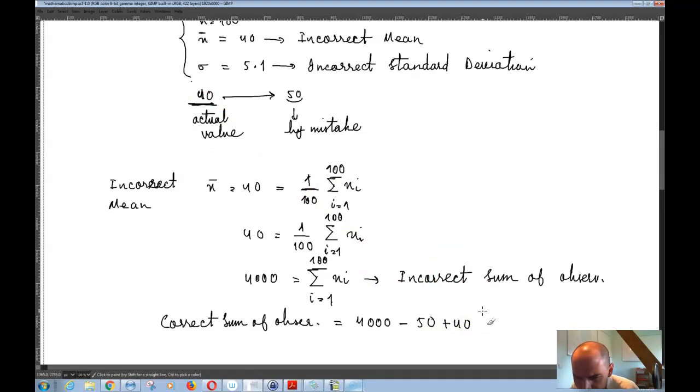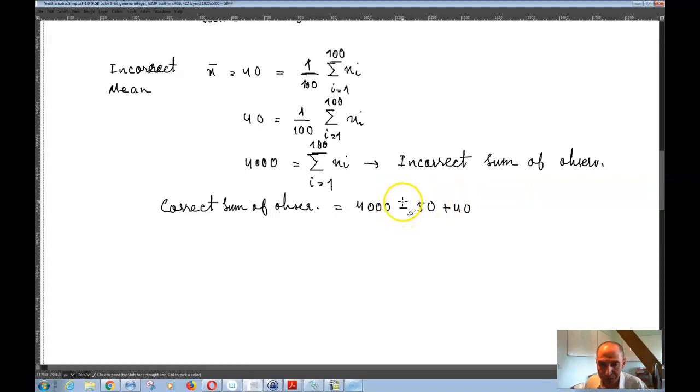So that means that negative 50 plus 40 is equal to negative 10. That means that you have to subtract 10 from 4000, which is 3990. So the correct sum of observations is 3990.